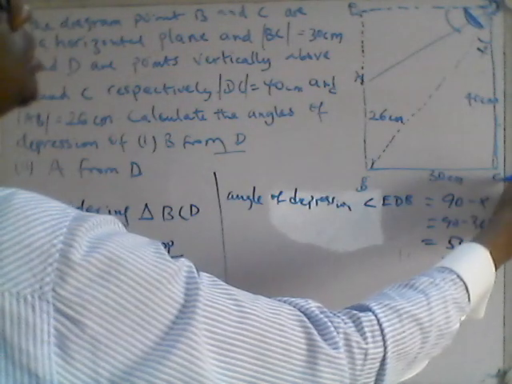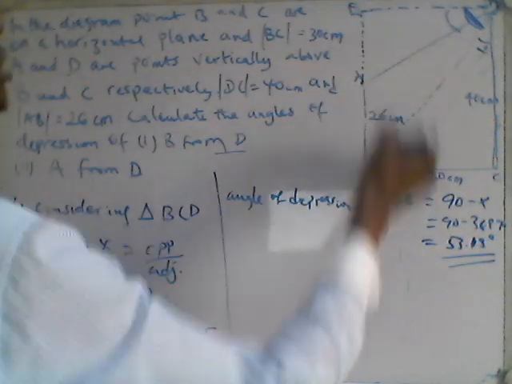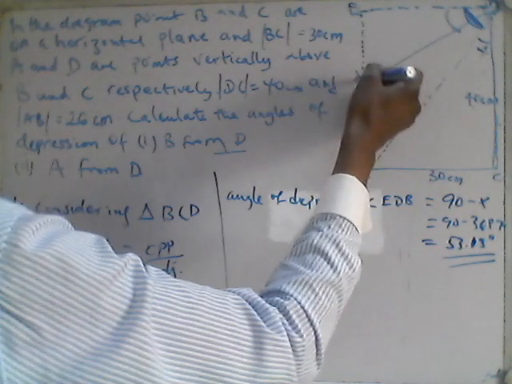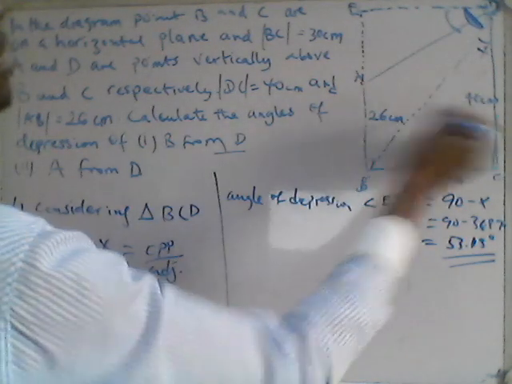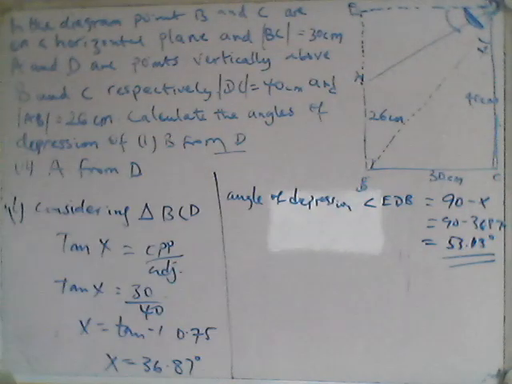Now to get this one, note that DC is the same thing as ED. Though I have part of AB, which is 26. So if I subtract 26 from 40, I'll be getting this side. So when I do that subtraction, I'll be getting 14.